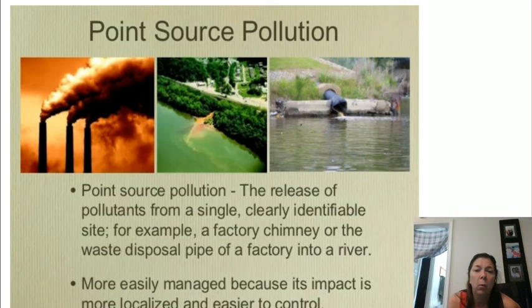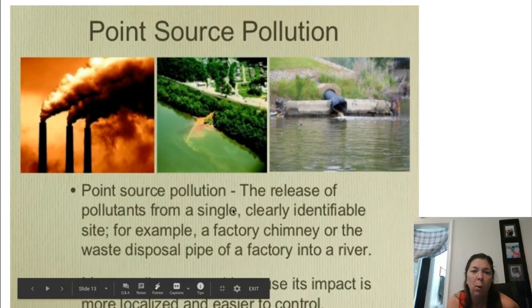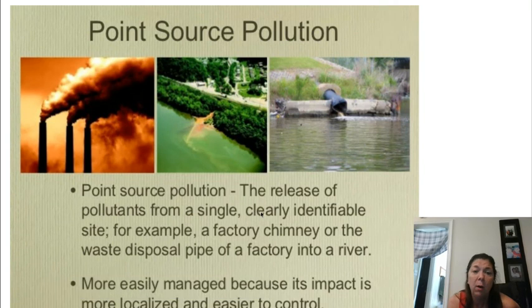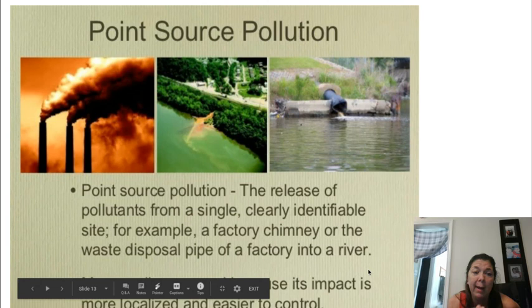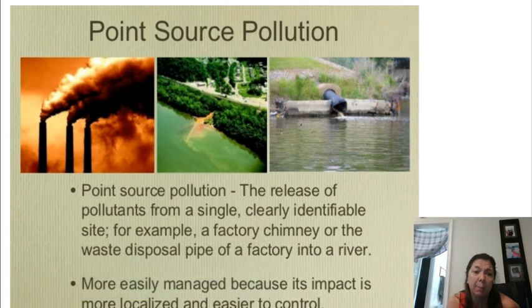And then when we get into talking about human impacts on our water system, the main thing we're going to look at is pollution. So there's two kinds of pollution here. There's what we call point source pollution. What that means is it's one specific place, okay, where you can trace back and have physical evidence of the pollution that's taken place. So it's coming from one very clearly identifiable site.